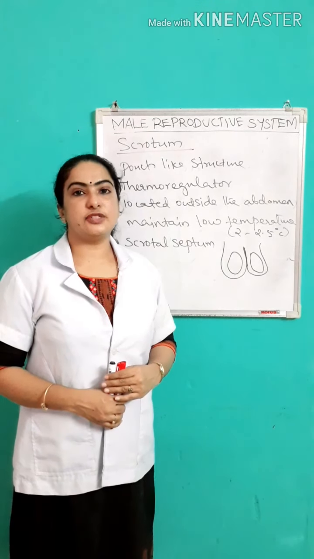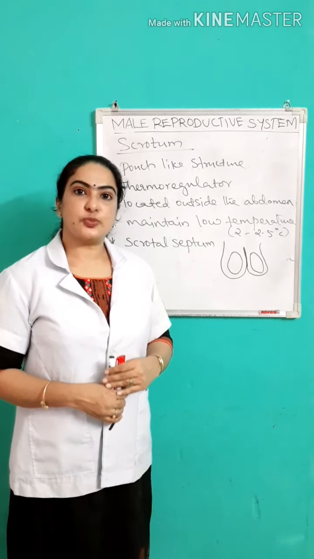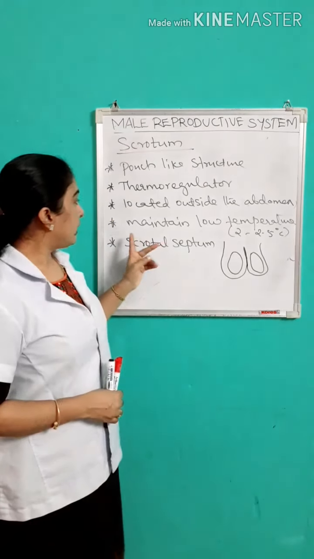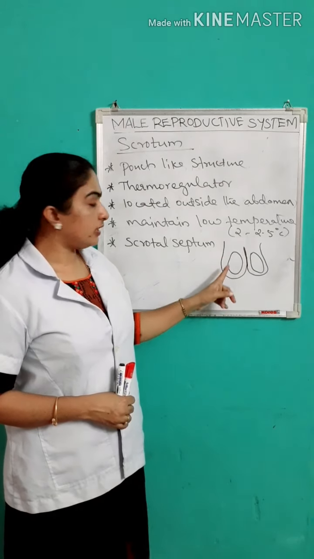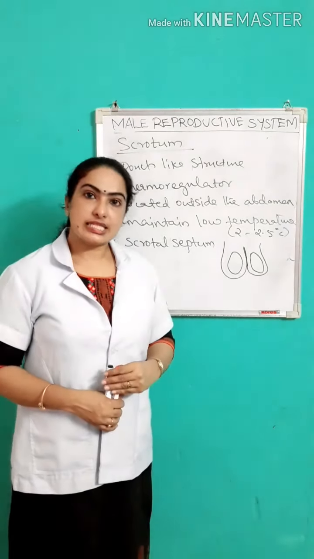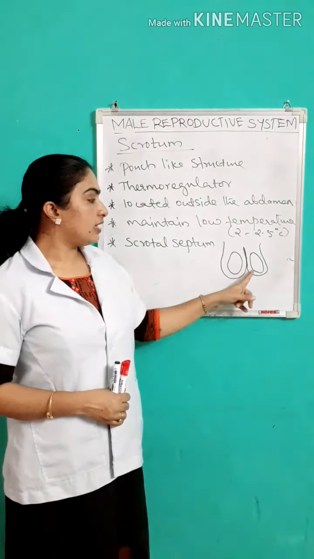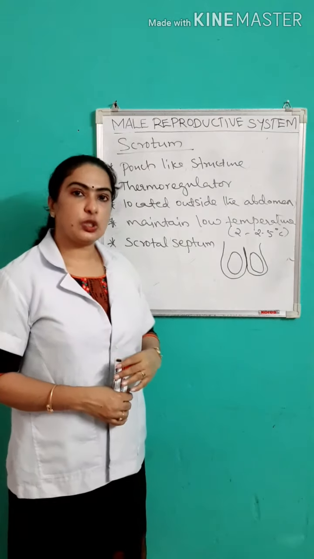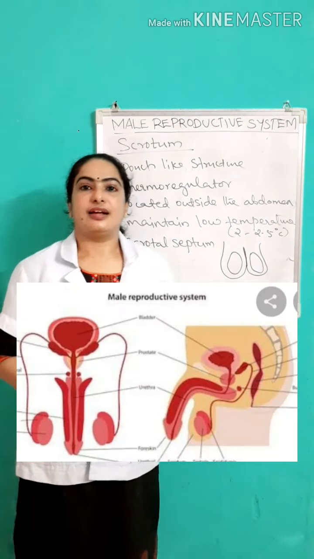Being outside the abdomen, it can maintain a low temperature that is enough to produce sperm by the testis, and the two sacs of the scrotum are separated by a thin membrane known as the scrotal septum, and one testicle is lower than the other to prevent squeezing if any external pressure is applied. Thank you.